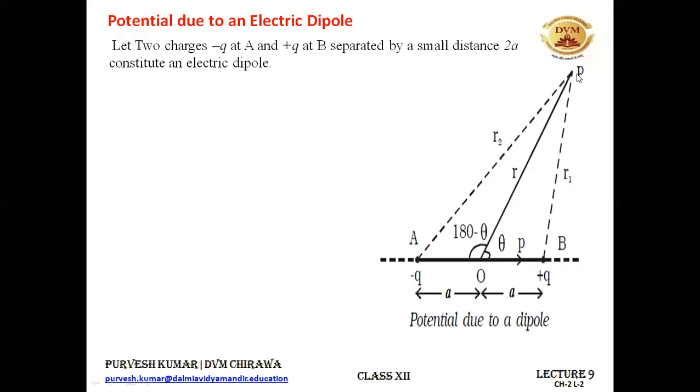It is neither the equatorial point nor the axial point. It is any general point lying at a distance r from the center of the dipole, such that it makes an angle theta with the line segments OB and OP. So the angle between OB and OP is theta. When it is theta, the other angle becomes 180 degrees minus theta.